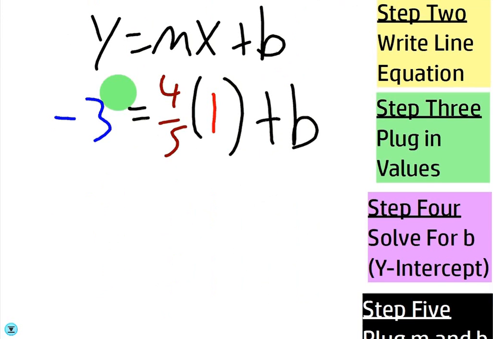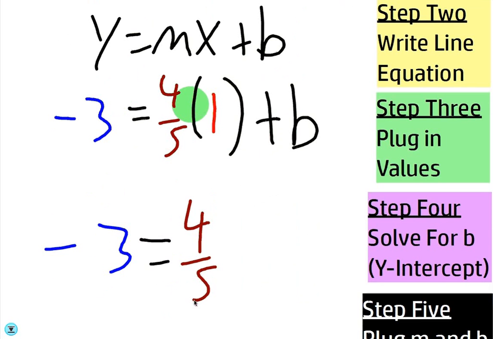All right, so now we're going to solve for b. This one's going to require a little bit more than what we just did. So first of all, what's 4/5 times 1? Good, 4/5. So we get negative 3 equals 4/5 plus b. Okay, this is a one-step equation. We've solved these before. How do you get b by itself?